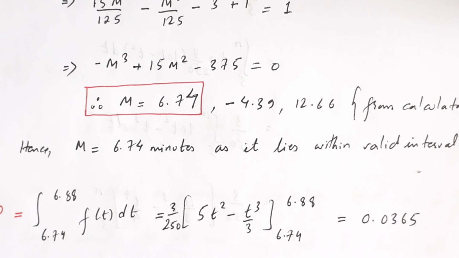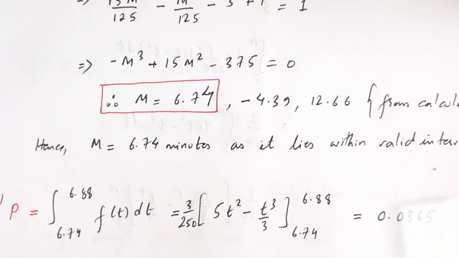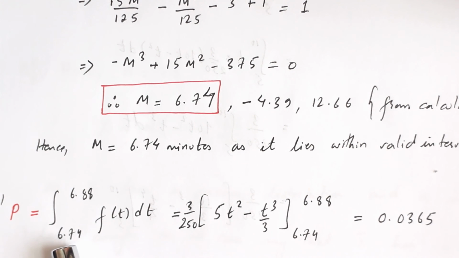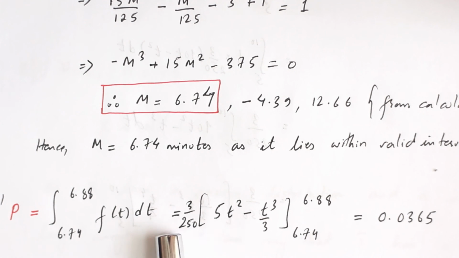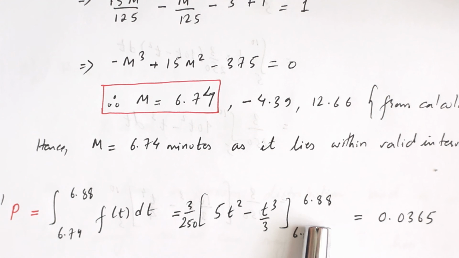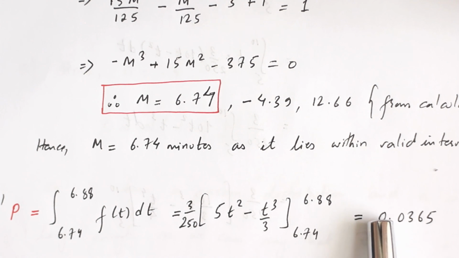After that, you simply find the probability from the median to the expectation value of f(t) dt. Notice that the expectation value is the upper limit and the median value is lower, so the median is lower than the expectation value here. When you integrate this, you get 0.0365, and that's correct.